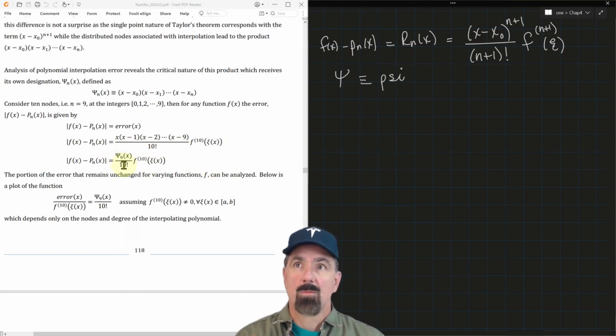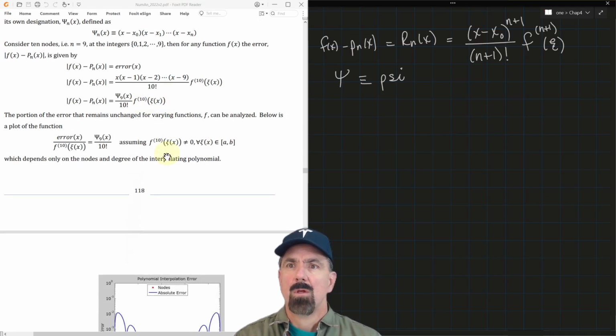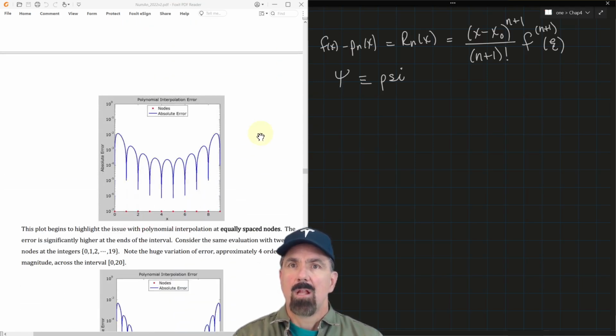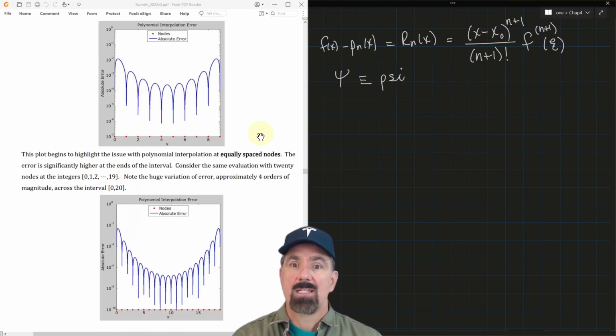The numbering's a little bit different. So the subscript on the psi is the x sub n, it's the n value, even though there are actually n plus 1 terms in this product. That's just something to keep in mind. So it's still n plus 1 terms, and then this is n plus 1 factorial, and this is the n plus first derivative. So a lot of the story is contained in these two graphics.